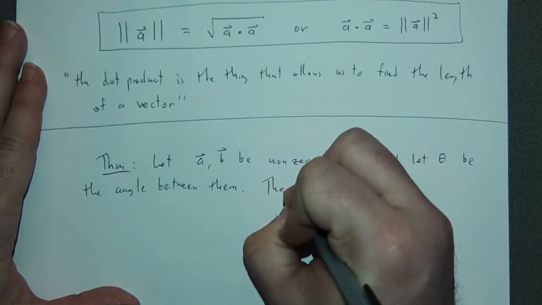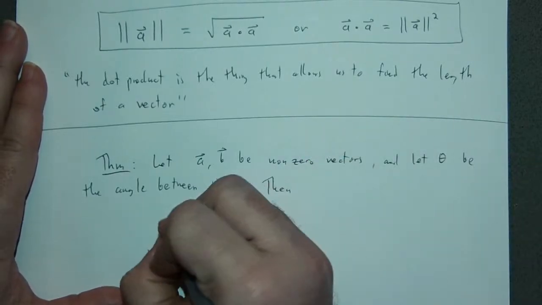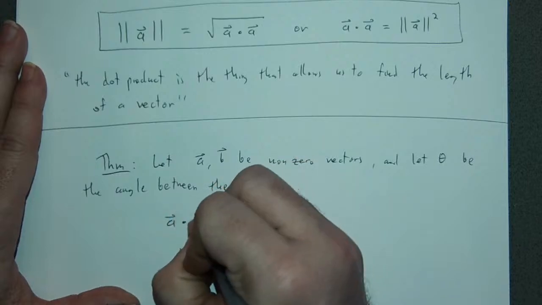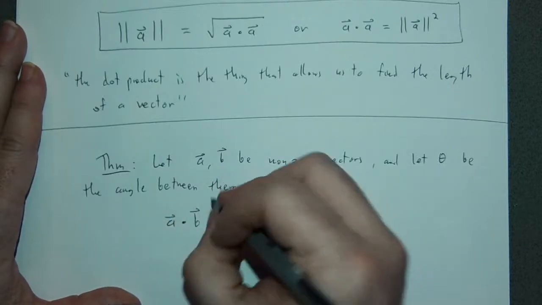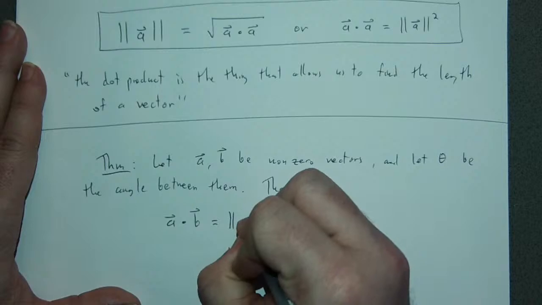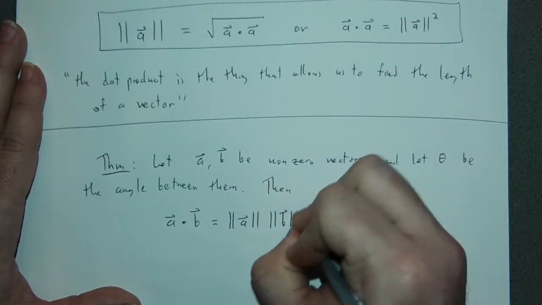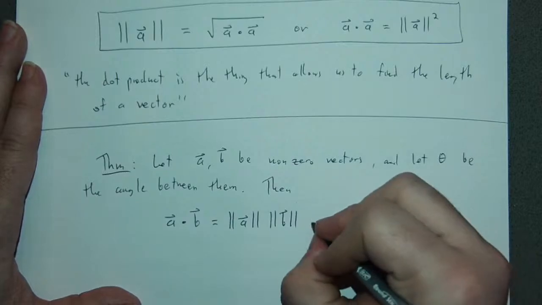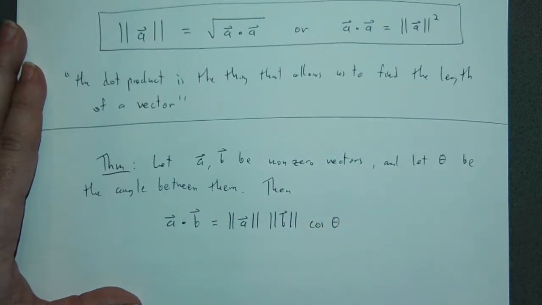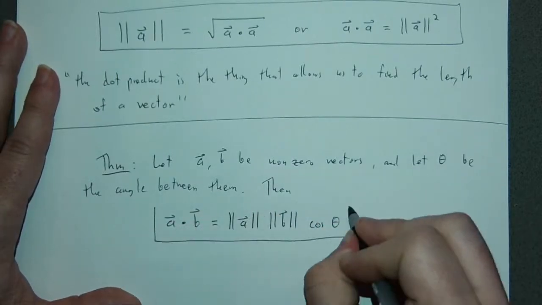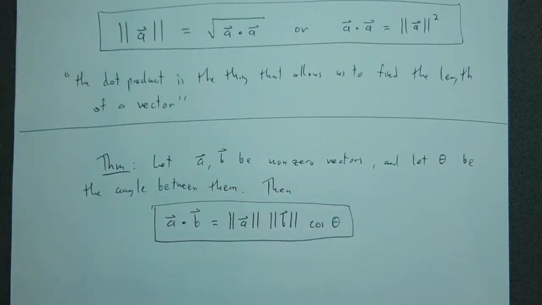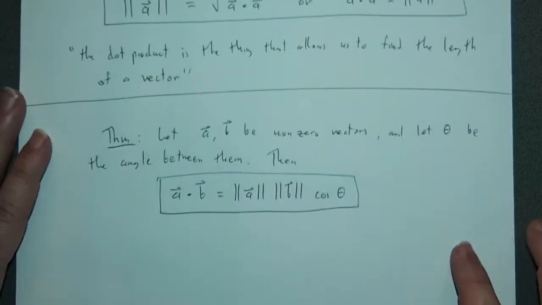Then A dotted with B is equal to the length of A times the length of B times cosine of the angle theta between them. Now, what is the proof of this?